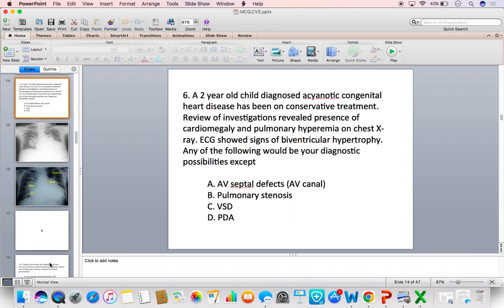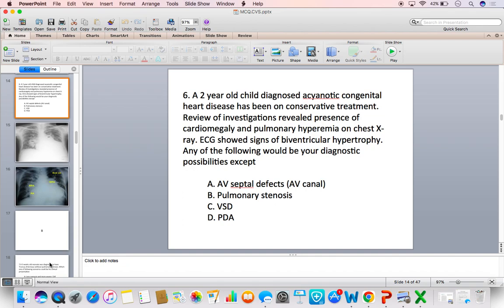A 2-year-old child diagnosed with acyanotic congenital heart disease has been on conservative treatment. Well, when you review the investigations, they reveal presence of cardiomegaly and pulmonary hyperemia on the chest X-ray.